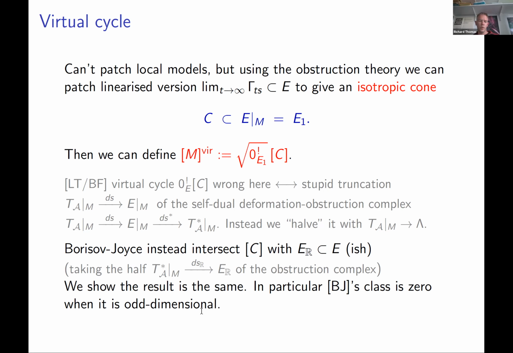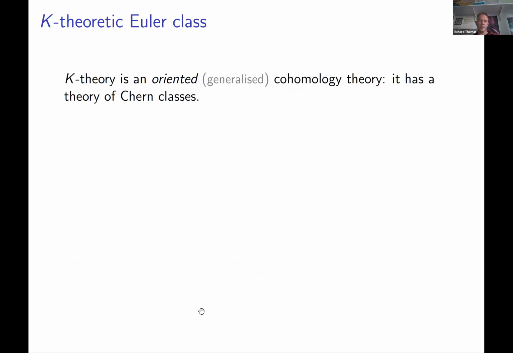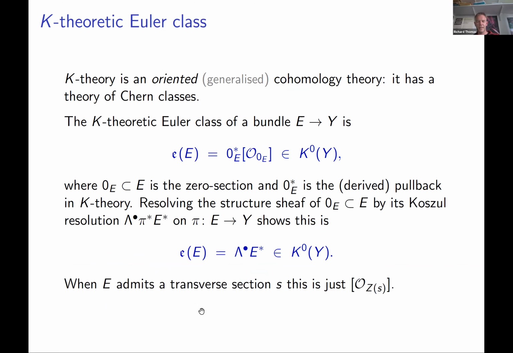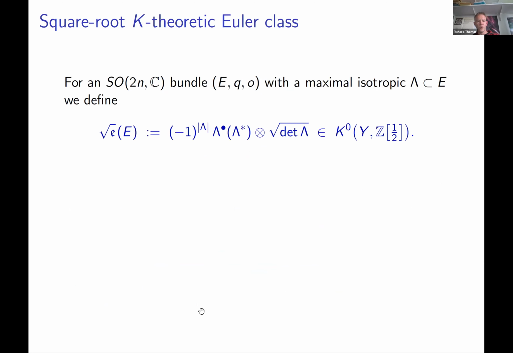Okay, and then we show, the paper should appear very shortly, that the results are the same. Okay, and then I ought to finish, so I'm going to very quickly skim through this. You guys, you're K-theorists, you know very well the K-theoretic Euler class of a bundle using Koszul complexes, and you know how to localize it using a section. There's also a square root version of this in K-theory.